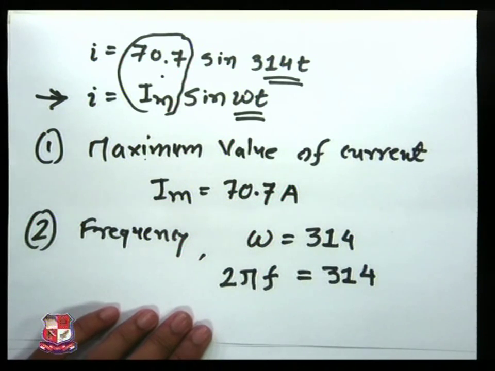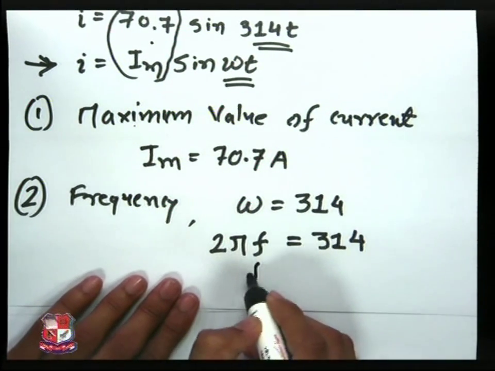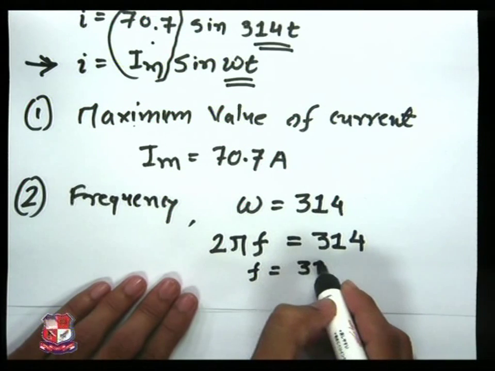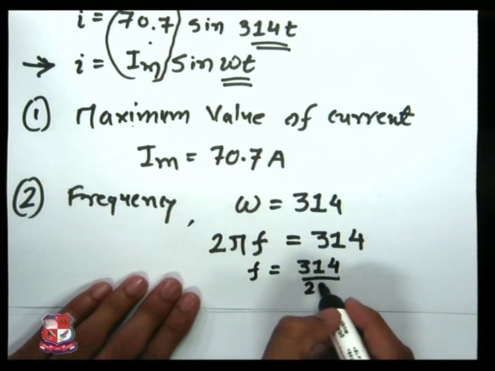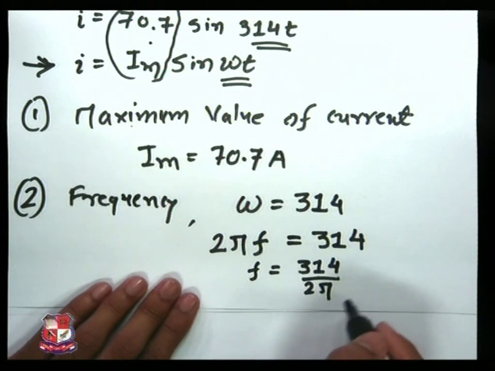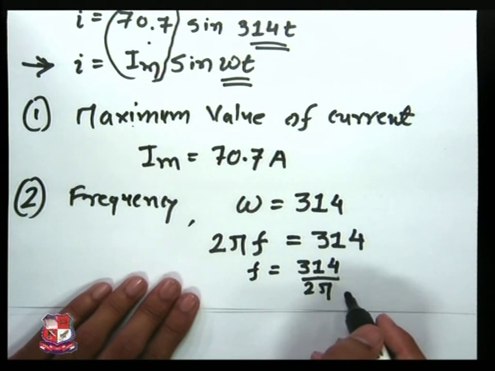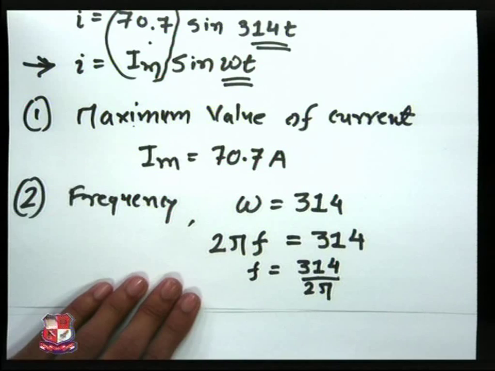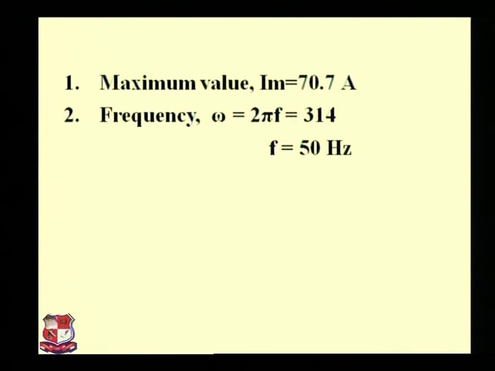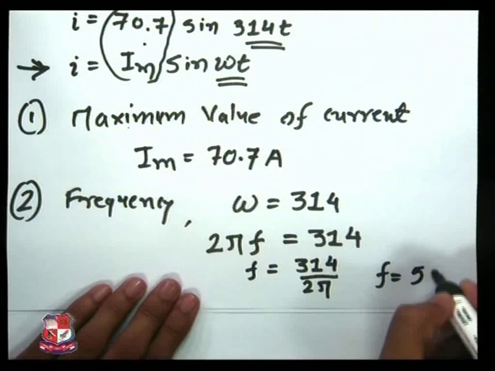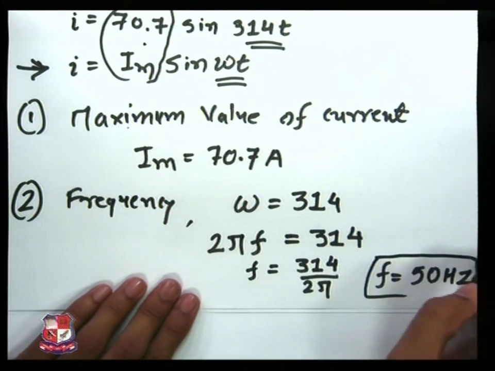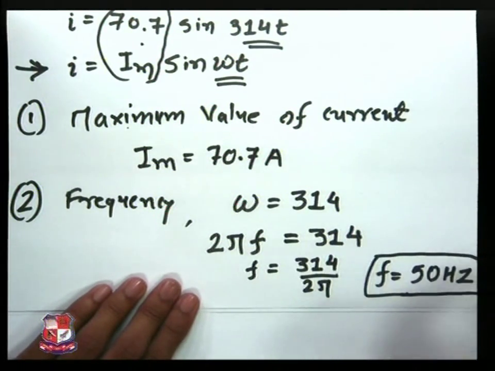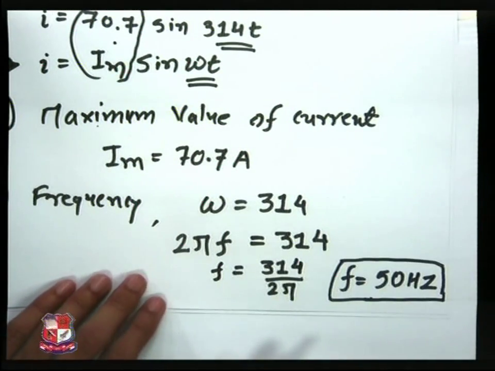I want to find frequency, so 2 pi goes to the denominator: f equal to 314 upon 2 pi. Dividing 314 by 2 pi, we get a frequency of 50 Hertz. In a calculator, if we divide this, we get a frequency of 50 Hertz.